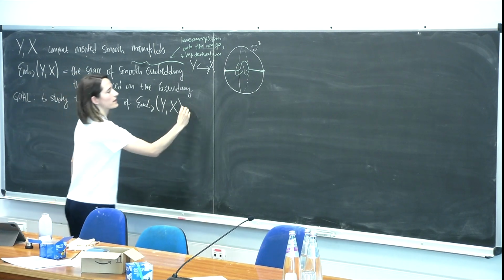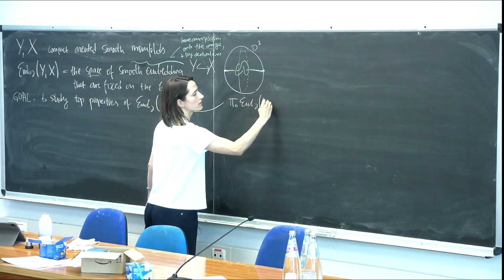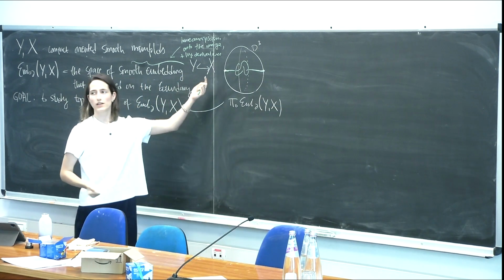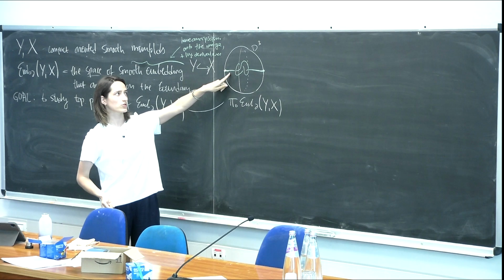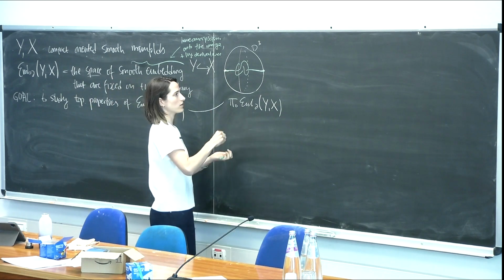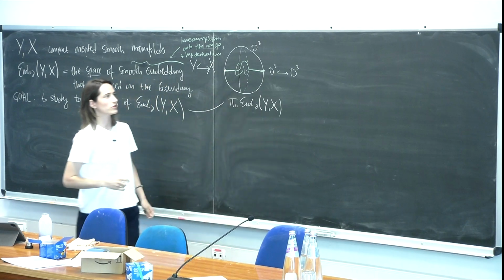And what by this I mean, well, we can study just the set of components. And in this case, this is what we really do in knot theory. We study such objects, so embeddings of an arc. So this is an embedding of D1 into D3, right, with a fixed boundary condition.